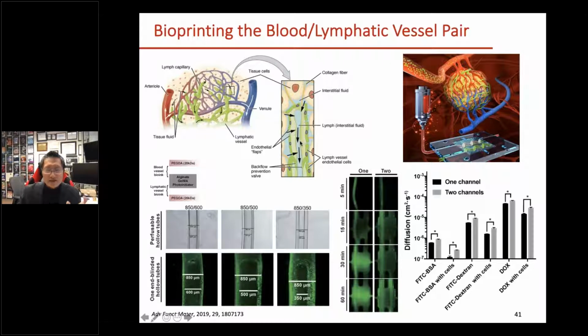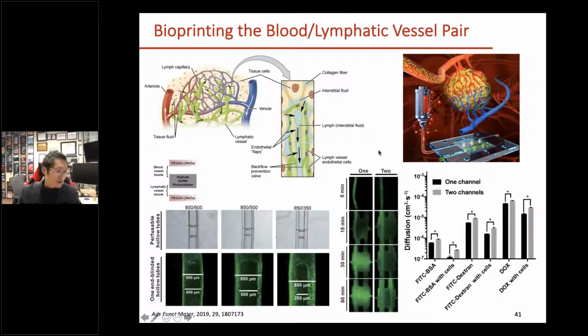With that, you can seal one end of the tube that you print, and then create a lymphatic vessel-like structure with this hollow coaxial bioprinting method. On the top, these are entirely perfusible tube structures mimicking blood vessels. At the bottom, you can see that we can create these single-end blinded lymphatic vessels of different sizes to model draining of liquid from the microenvironment.